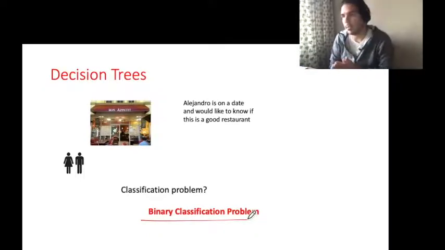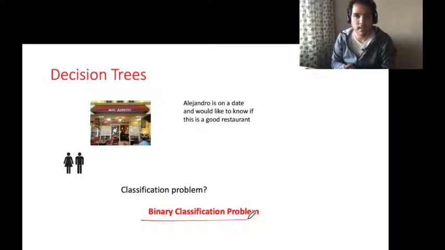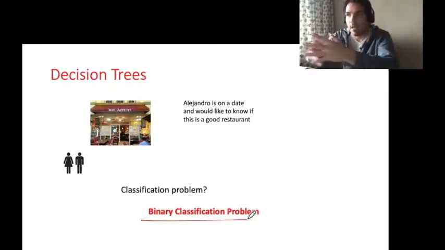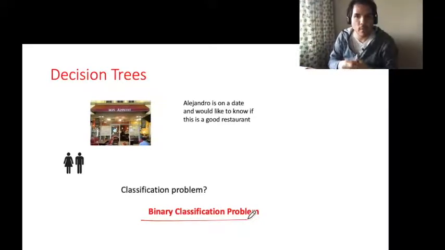A very simple example of this: let's say that I'm going on a date, I want to bring my partner, and I want to know if we are going to like a particular restaurant. So I want to use all my data science skills to build a model that is going to tell me if the restaurant that we go to is going to be a good restaurant.